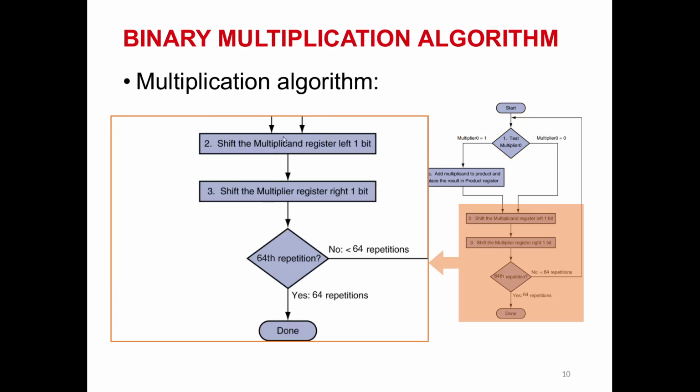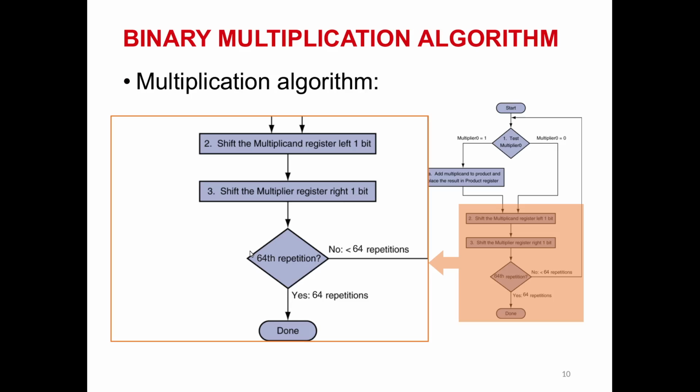Then you need to shift the multiplicand register left 1 bit, and after that you shift the multiplier register right 1 bit, and you check whether you have reached the final repetition.